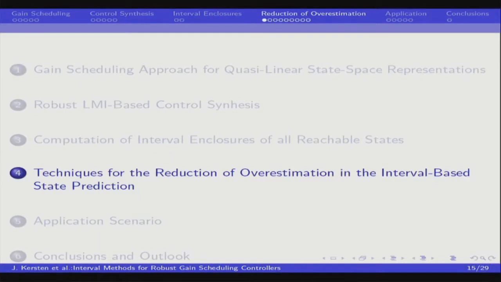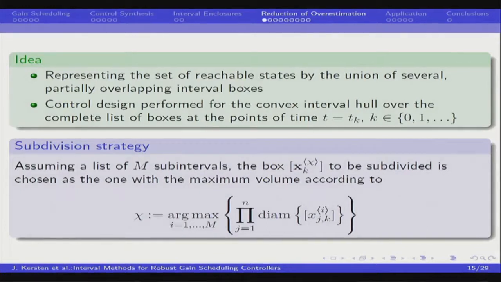Therefore, I will present three different techniques with which we improved our calculation. The main idea is to represent a set of reachable states by the union of several partially overlapping interval boxes. And then the control design is performed for the convex hull over the complete list. So at first we need to subdivide our intervals.